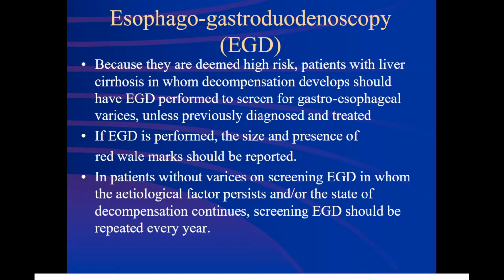I already told you in previous lectures what red wale marks are. They look like red lines on the surface of varices, and they indicate that the wall of these varices is thin and these varices are predisposed to bleeding.